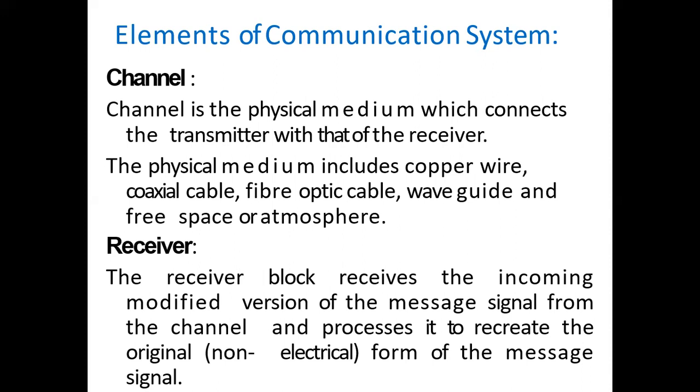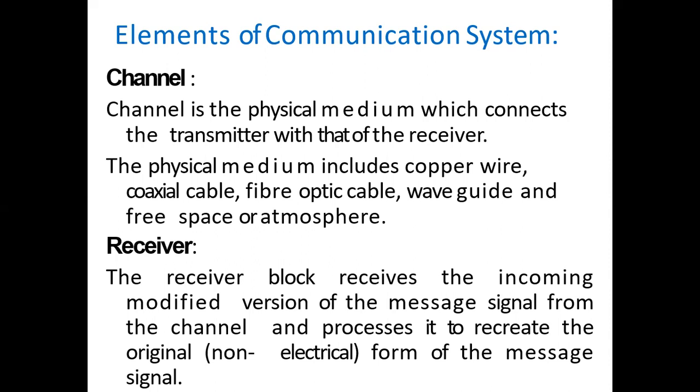Then the next element is the receiver. The receiver is a block which receives the modified version of the message signal, where by using the channel we receive our information. Moreover, whatever information originates at the source, the same information should be delivered at the destination.